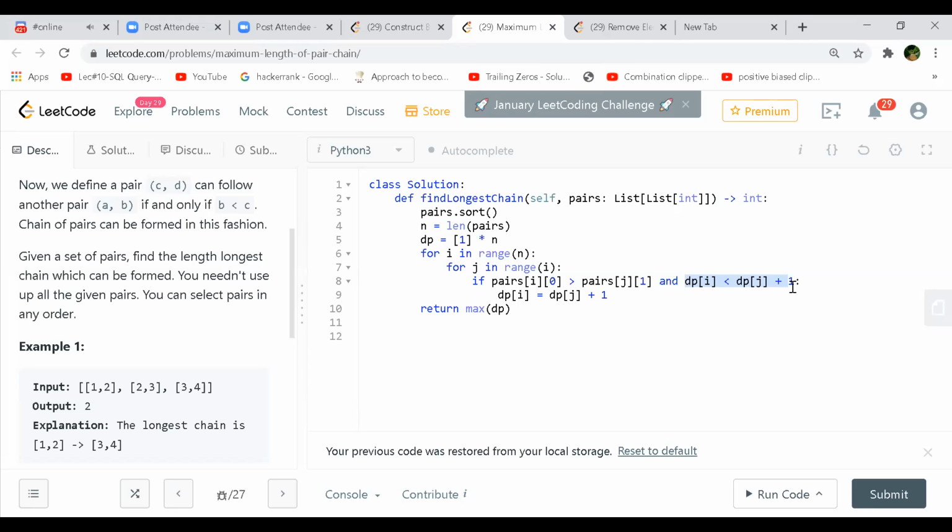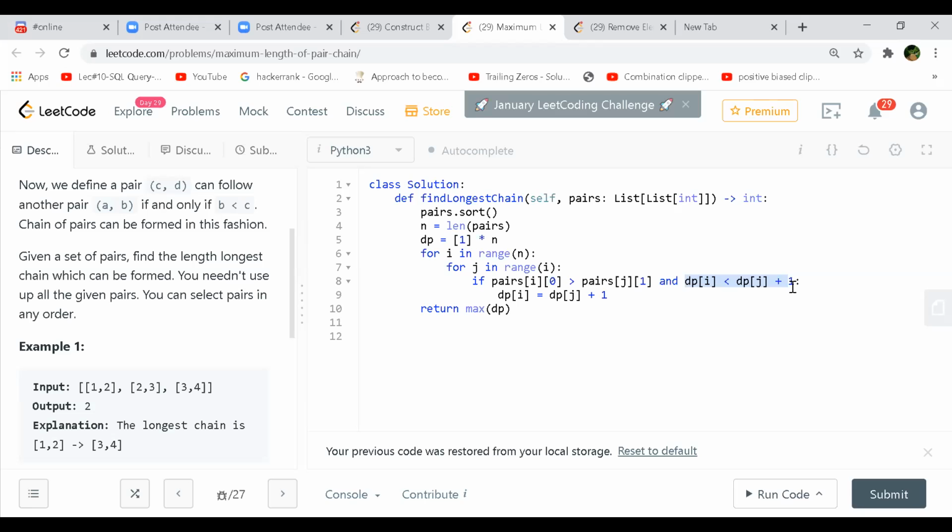What we can do is sort all these pairs based on your end. Because here you are sorting based on your start, right? The default will always be start, because it will always compare with the first.